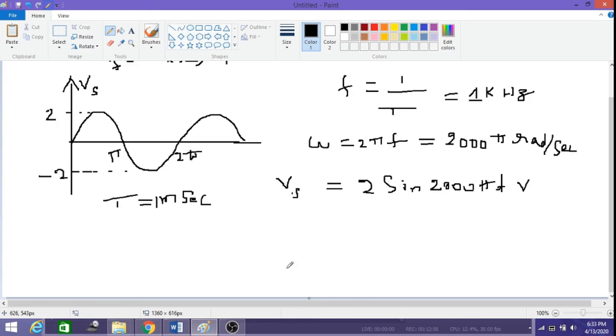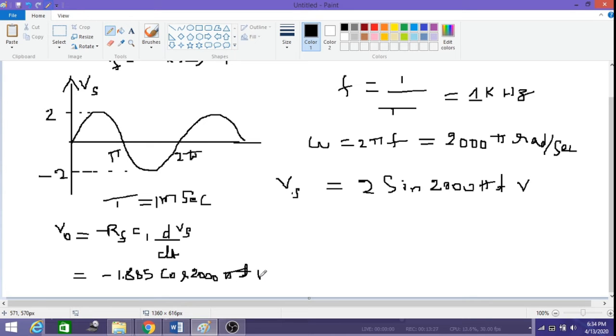Now if we substitute this in our equation, V naught is equal to minus Rf into C1 into d by dt of Vs. When we differentiate this sine, we'll get the cosine. So finally we will get minus 1.885 cos 2000 pi t volts.